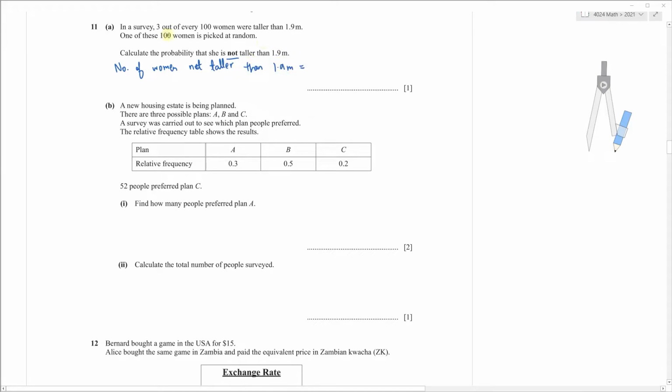So this will be 100, which is the total number of women, minus 3, which is the number of women who are taller than 1.9. So if 3 are taller than 1.9, all the remaining ones are not taller than 1.9 meters. So this is 97.